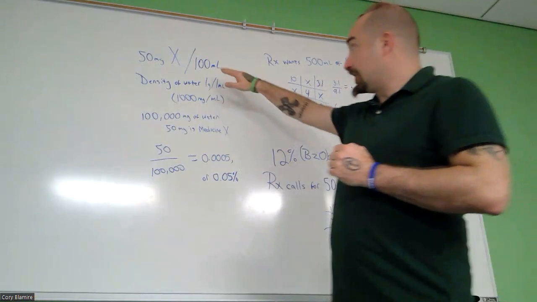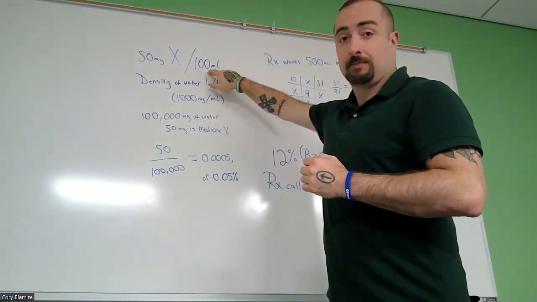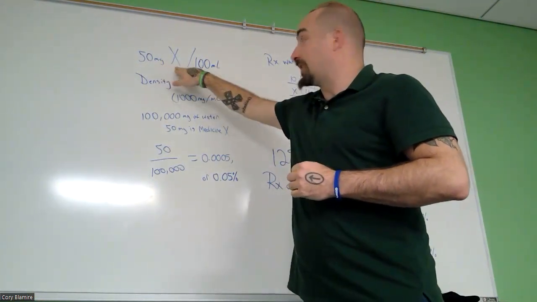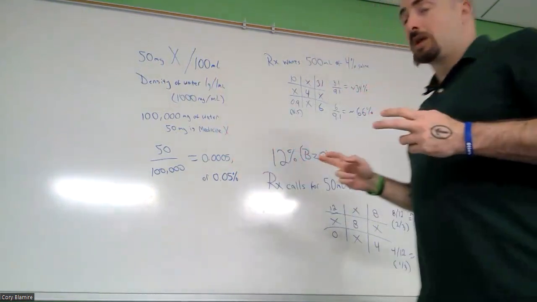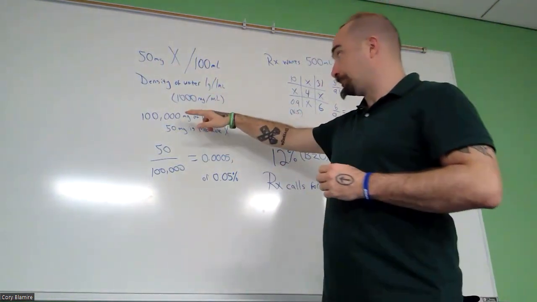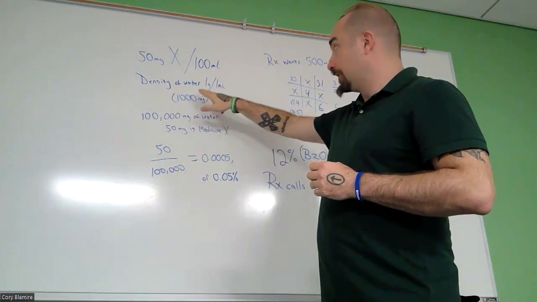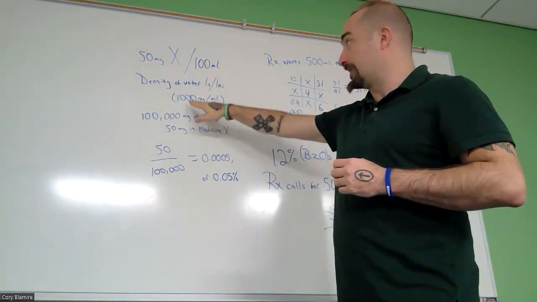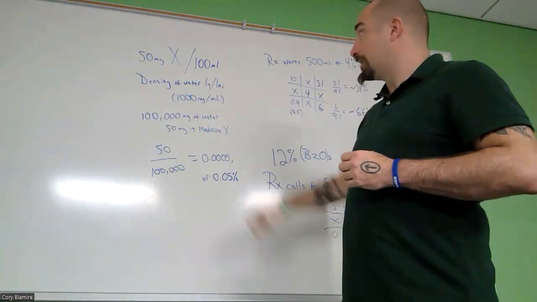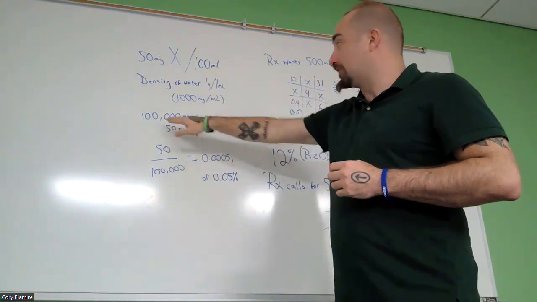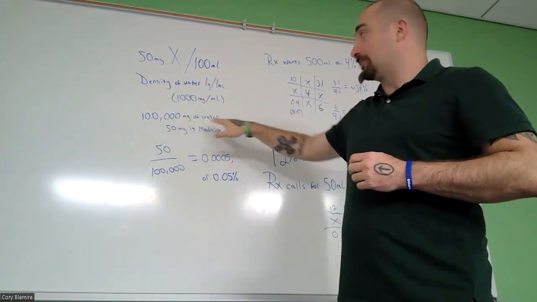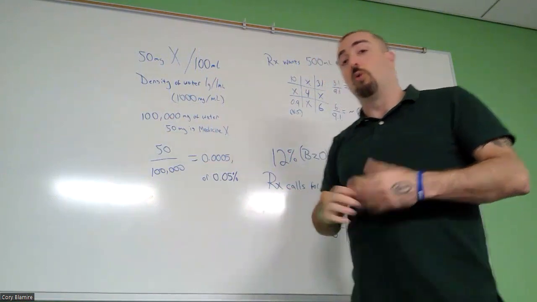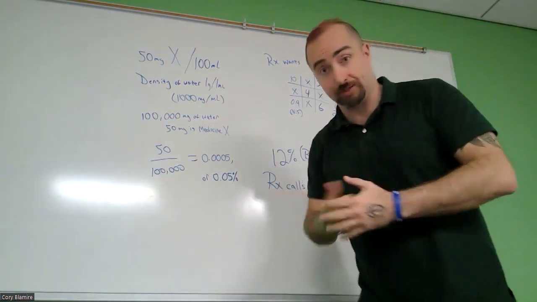Okay, that means if we know that we have 100 milliliters with 50 milligrams of drug X, we know that we're saying there's 1 gram in a milliliter. That means 1,000 milligrams in a milliliter. That means that this 100 ml has 100,000 milligrams of water, or 100,000 milligrams of solution.